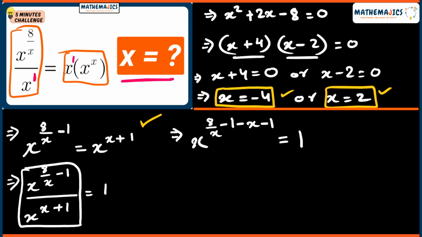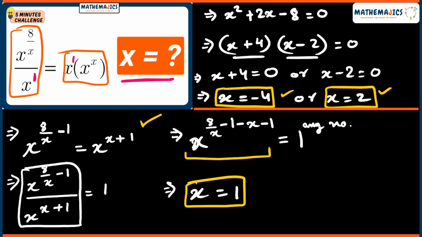Now, please understand, 1 raised to power any number gives us 1 only, correct? And here on the left hand side, if x is 1, no matter what the power of 1 is, we will get 1 on the right hand side. So x can be 1 as well. If you want, we can try it.